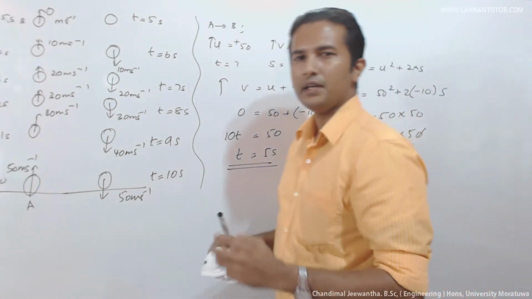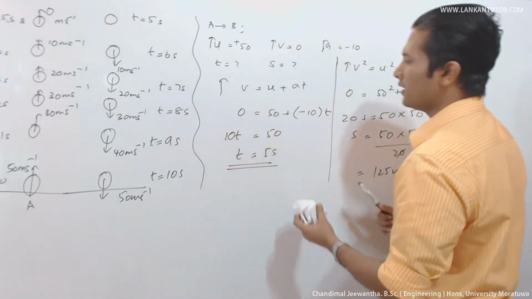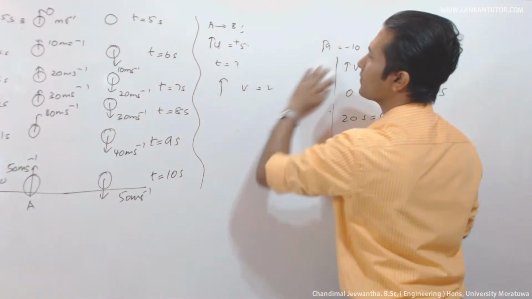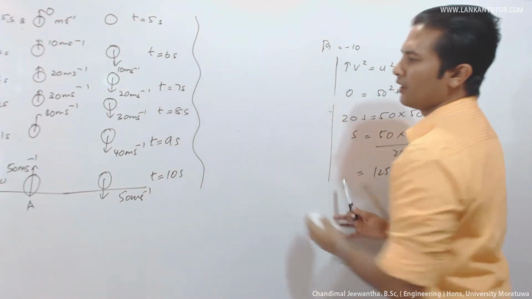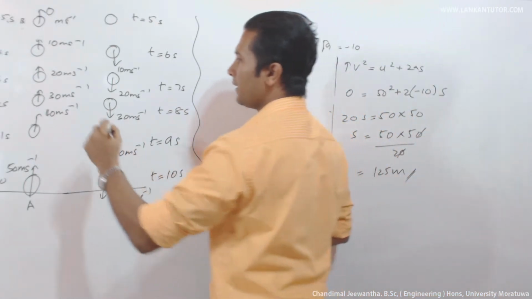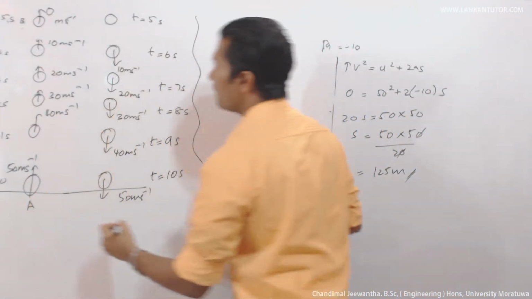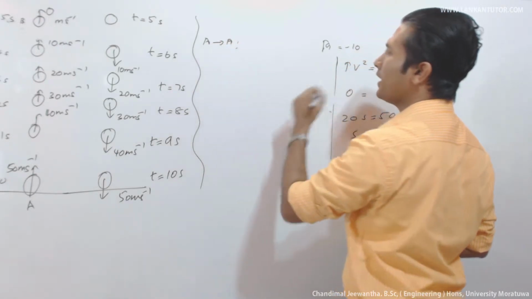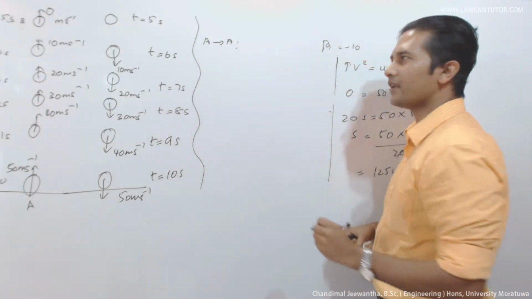Now we can find the time of flight as well. How would you find the time of flight? When considering from A to A, you can find the time of flight.